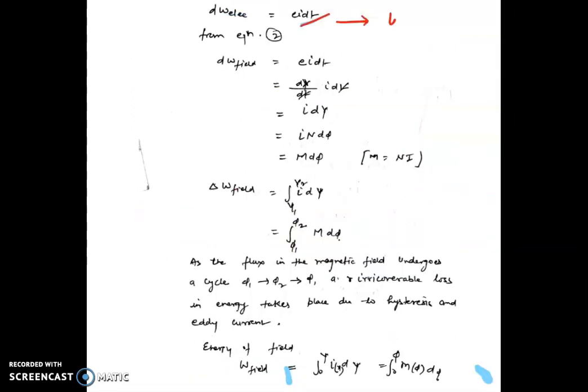How? Electrical energy W is equal to V into Q, and Q is I dt.